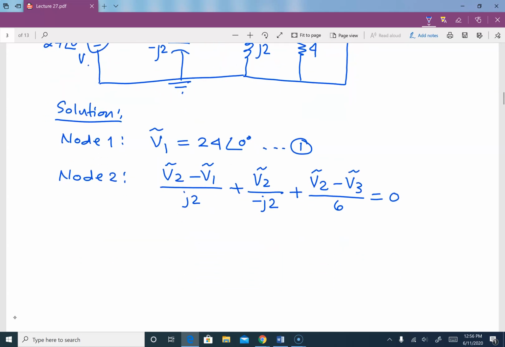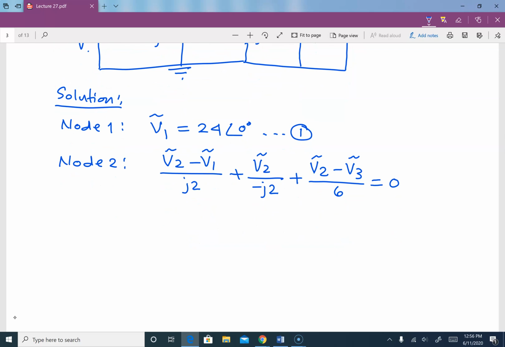Now how can we simplify that? As we said, just divide each term by its denominator. So now if you look at the first one, it is divided by J2. So if I bring the J to the top, it will become negative J, right? And then we multiply by half, because V2 divided by 2 is half V2.